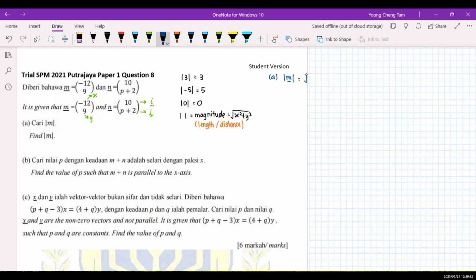So it will be equal to square root of, x is -12, don't forget to put the bracket, (-12) squared plus 9 squared. After that, do the calculation. You can calculate the number inside the square root first. (-12) squared plus 9 squared, and you get 225. Square root of 225, and square root of 225 is 50.